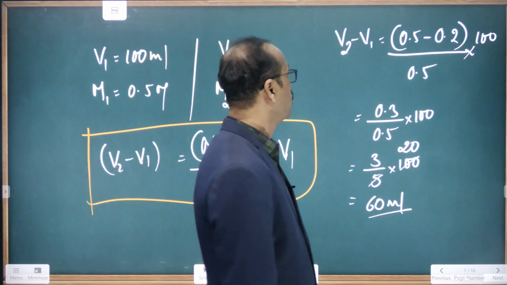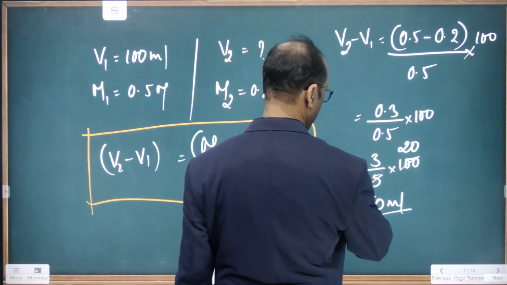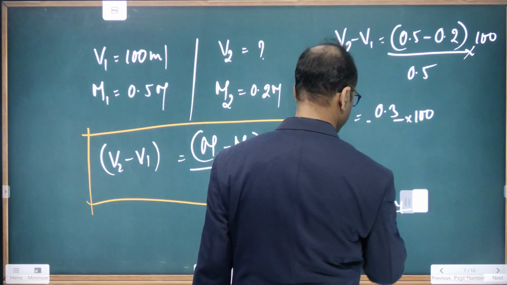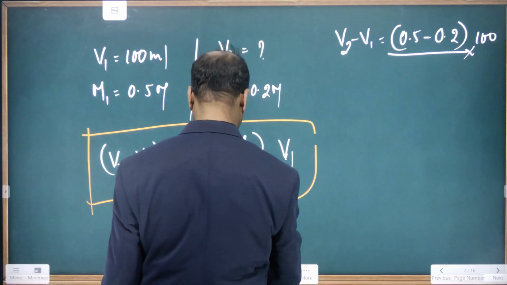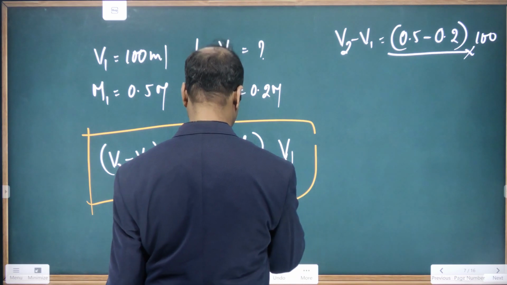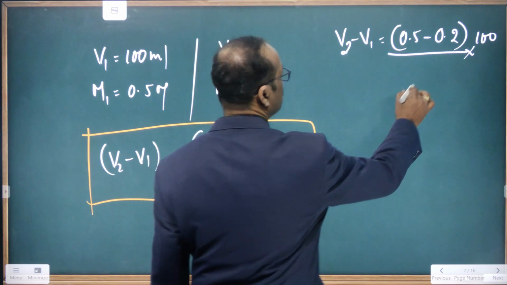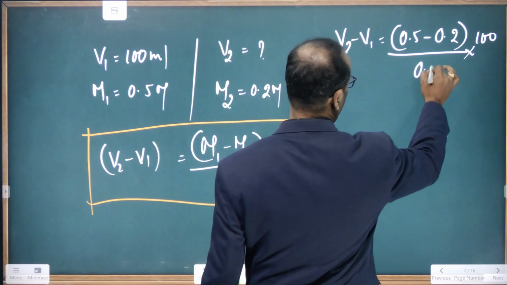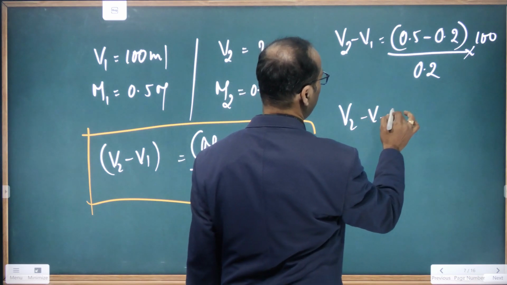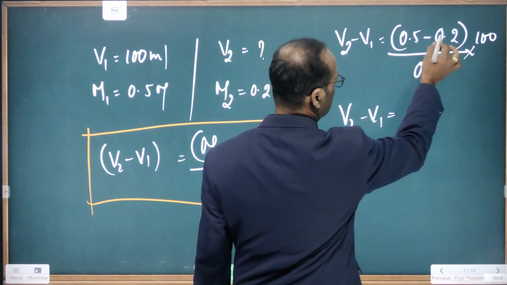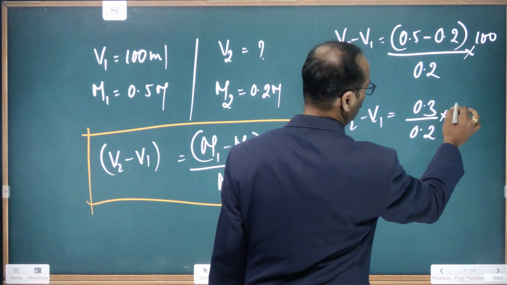Oh students, a little mistake we have made here. So 0.2 should be there here, I'm sorry. So V2 minus V1 is equal to 0.3 divided by 0.2 into 100.